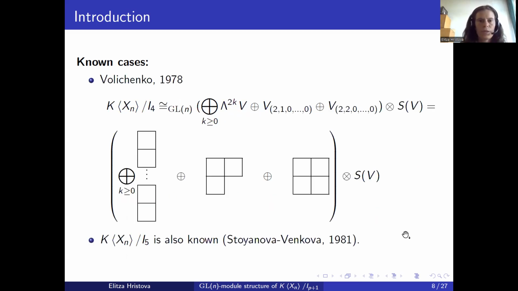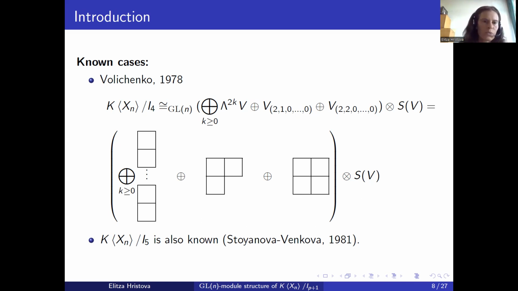And there are 2 more cases that are known. This is when we take k of x_n modulo the ideal generated by all commutators of length 4. Then in terms of Young diagrams, this is the decomposition. We write it in this concise form as a tensor product of some GL_N module times the symmetric power of V. And then using branching rules, one can further decompose this tensor product into a sum of irreducibles.